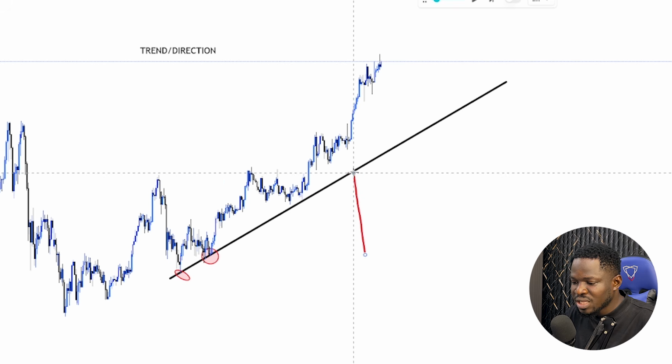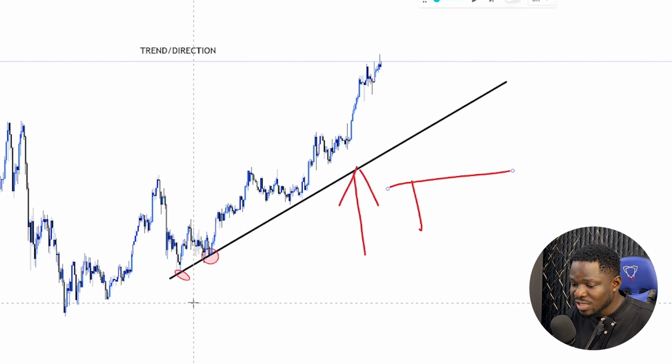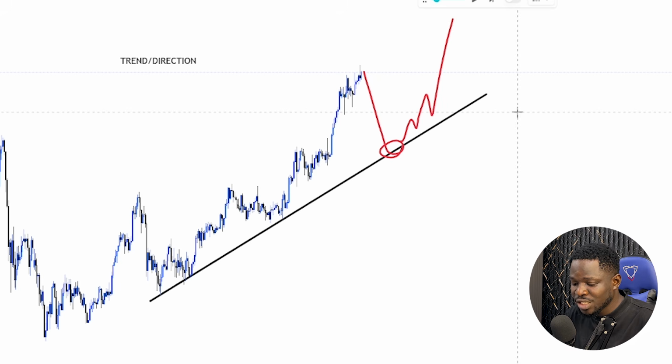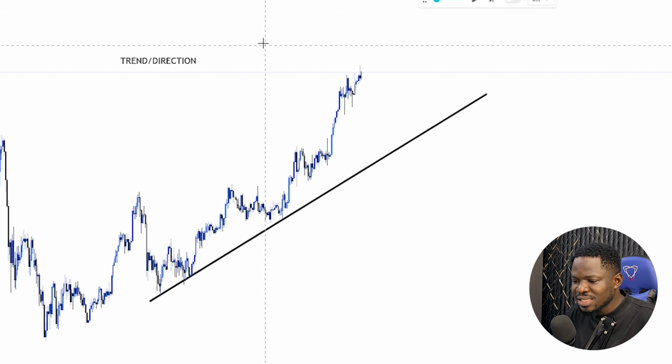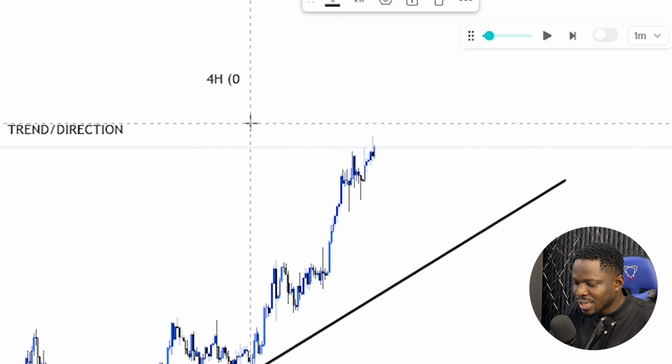Now you can call this line a trend line because it has two touches, and the rule of the trend line is to wait for price to mitigate this trend line the third time before you execute on this trade. Since I'm using the 4 hours time frame as my directional or structural time frame, then the 30-minute time frame will be my entry.